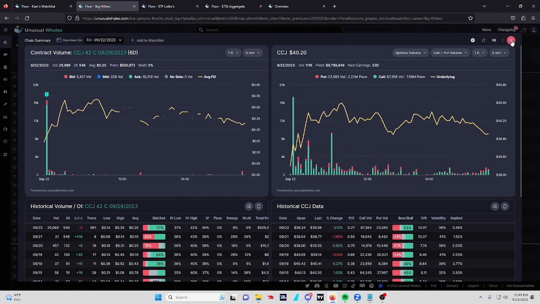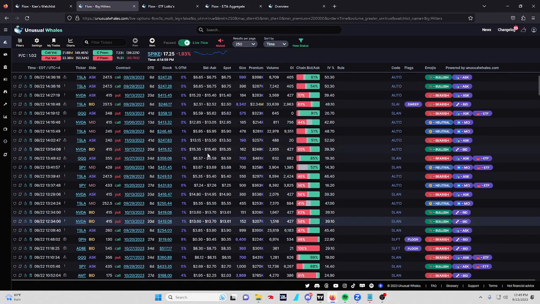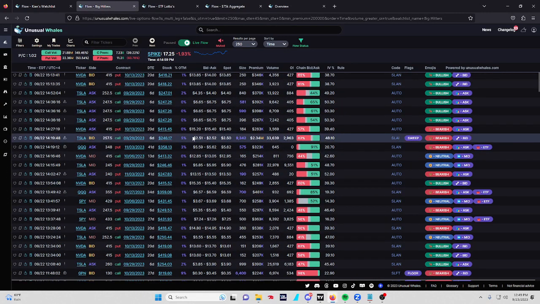Now we're going to also look at the bid side, right? Because this is just as important, right? So we can use this Tesla because it's actually a great example, right? So a Tesla bid side 257.5 call for 929 expiration, 9,000 in size, 2.34 million in premium, 33,000 in volume.